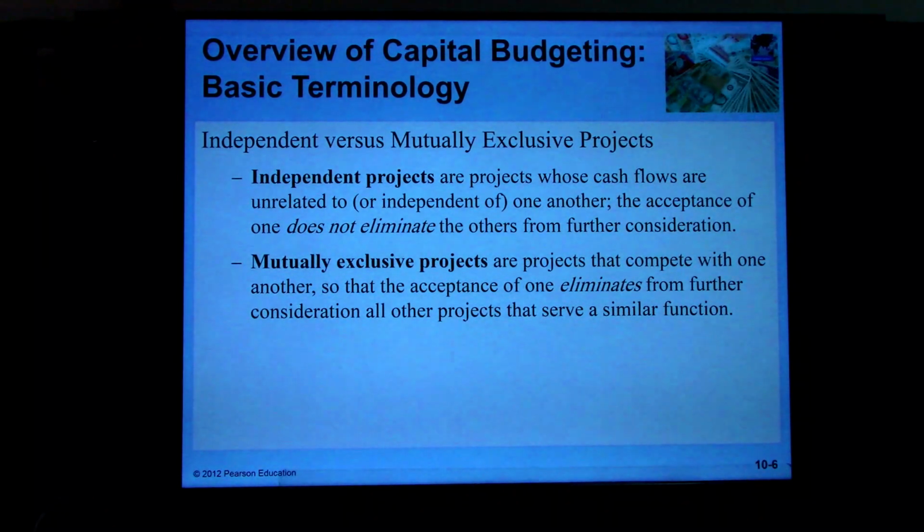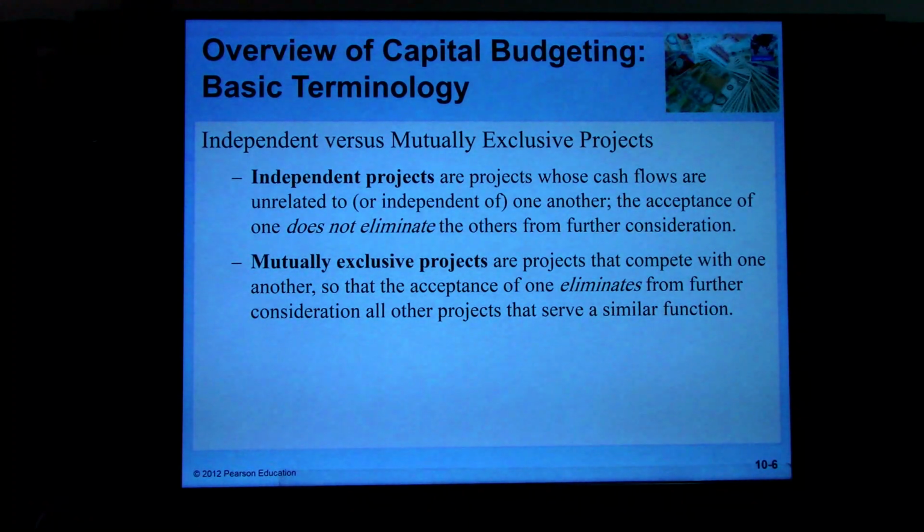If we have 2 projects and those 2 projects are independent, the selection of one of them will not hinder, will not eliminate the selection of the other project. However, mutually exclusive projects are projects that compete with one another.